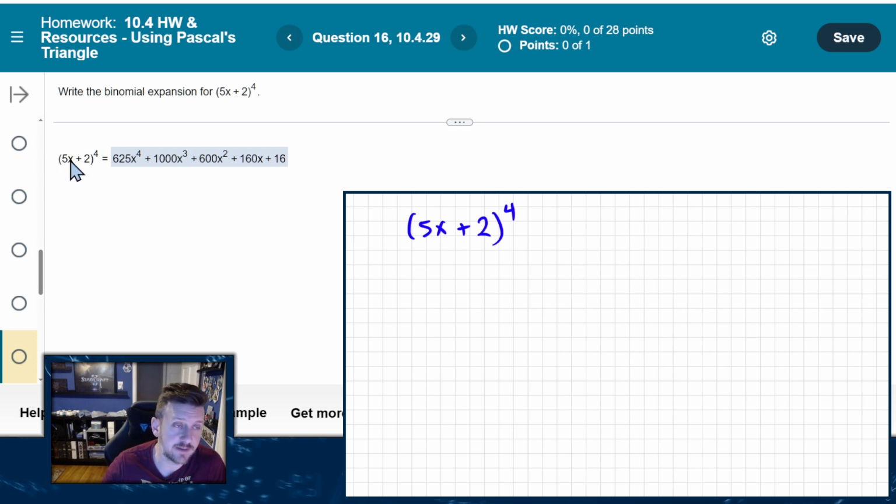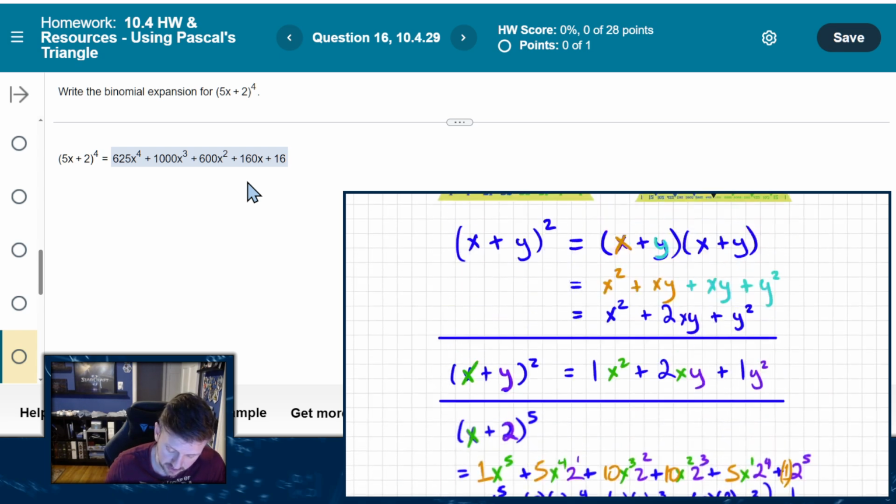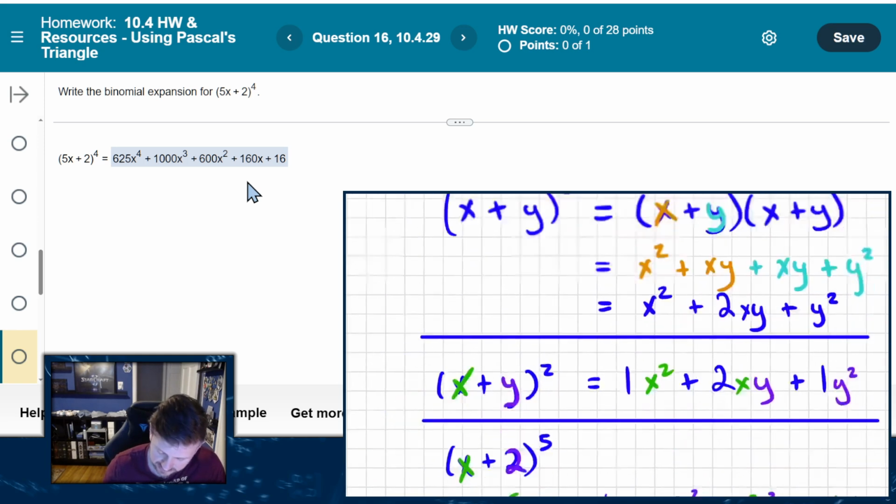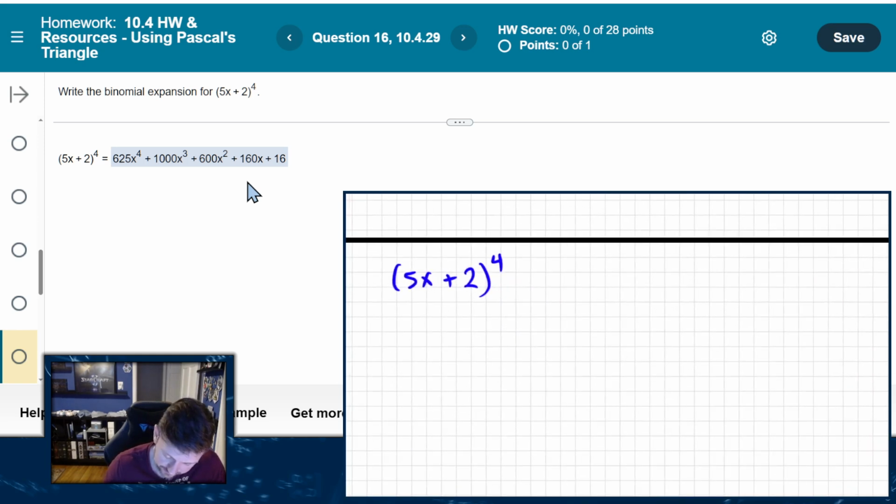So what's different about this is we have a coefficient in front of the x. So we have that one extra little layer to it, but nothing about the process changes. I'm going to go to my Pascal's triangle and look at the 4th row. I see it's 1, 4, 6, 4, 1. Let me write that down so I don't lose that.